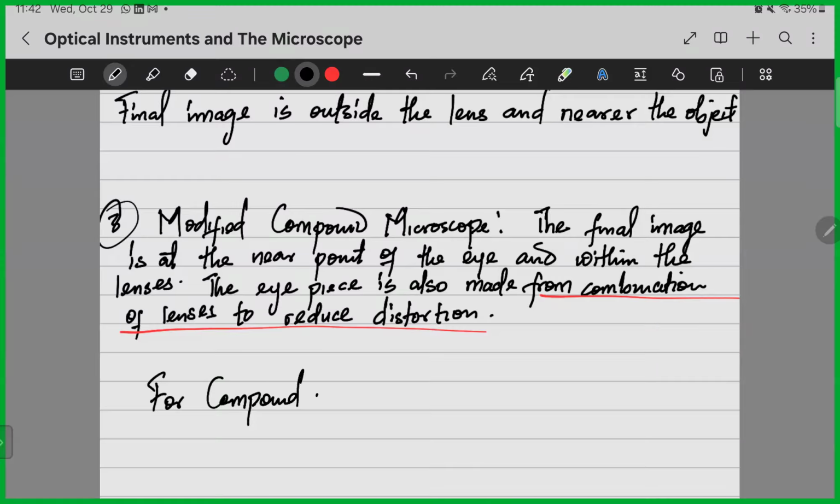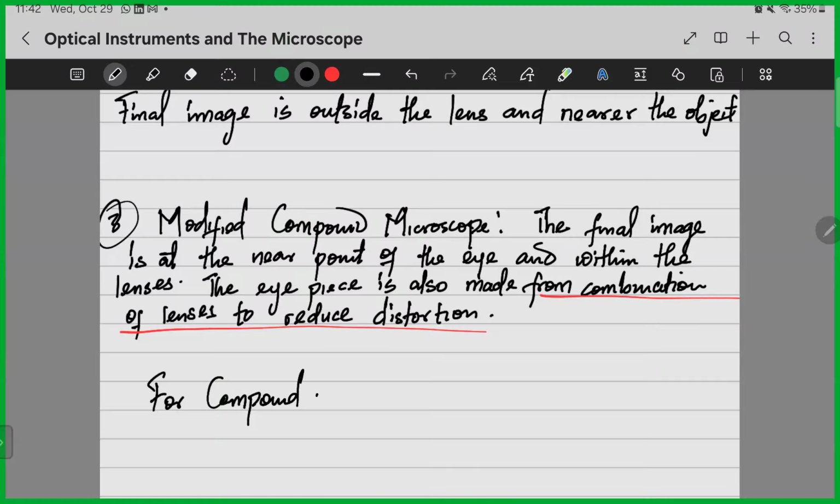So coming back to where we are now currently in the class, talking about magnification for compound microscopes. We are saying it is the multiplication of two magnifications. That is magnification of object. Instead of using 1 and 2, let me use O and E, object and eyepiece. So you are multiplying VO over UO times VE over UE.